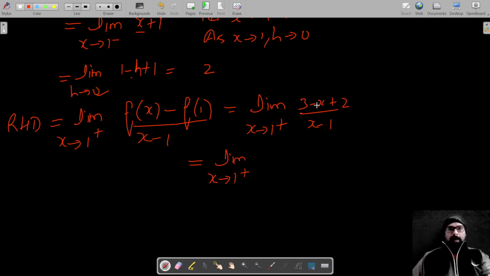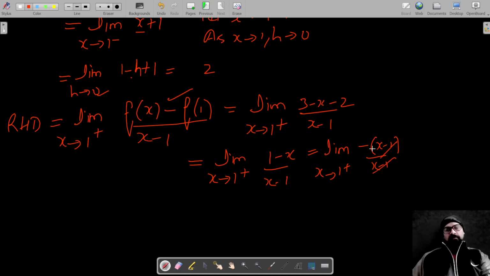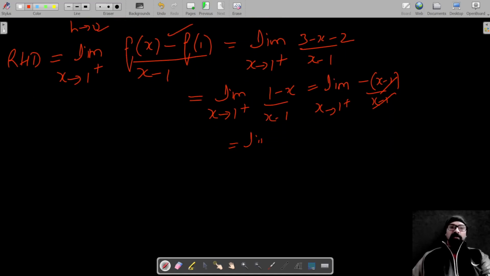So this is minus 2. 3 minus 2 is 1 minus x upon x minus 1, and I can write it as the limit as x tends to 1 plus of negative x minus 1 upon x minus 1, and this is negative 1, so this is minus 1.